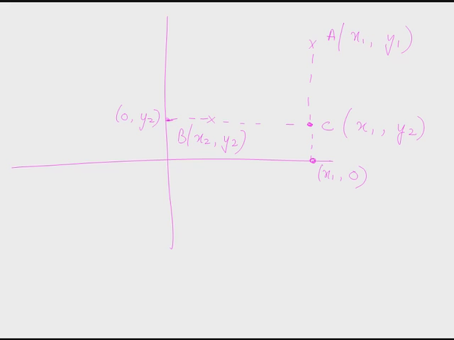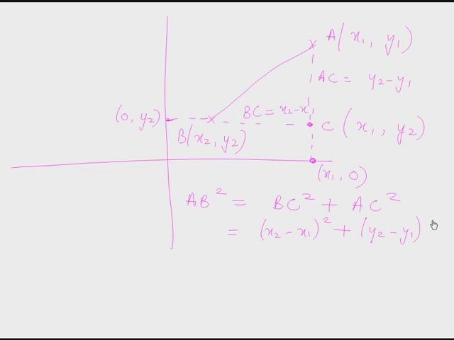Now that I know C, I know the distance AC is the difference between their y coordinates. It's y2 minus y1. And I know BC is the distance between their x coordinates. So it's x2 minus x1. And since I want AB, I know by Pythagoras theorem, AB square is BC square plus AC square, which is x2 minus x1 the whole square plus y2 minus y1 the whole square.